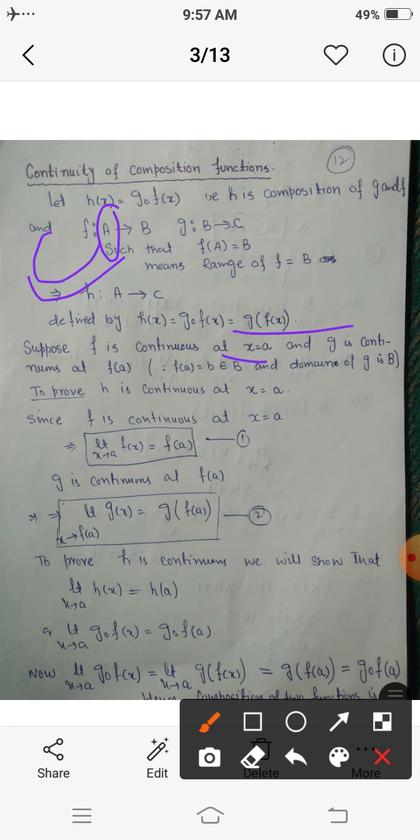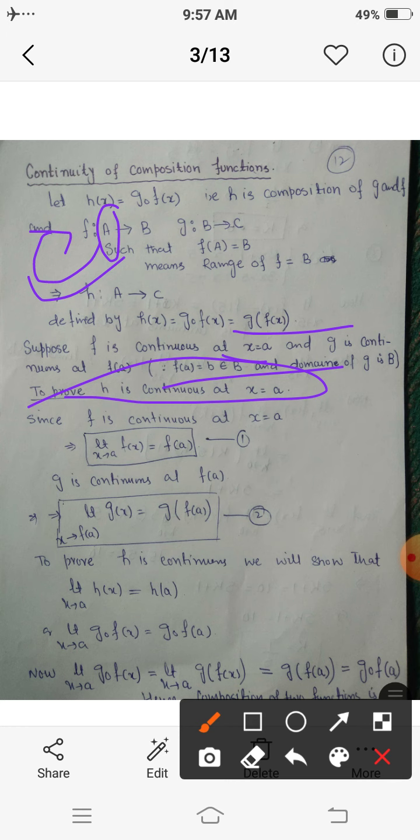If a is a point in A, then f of a is a point in B, and B is the domain of g. So we need to prove h is continuous at x equals a, meaning this composition of two functions is continuous at this point.